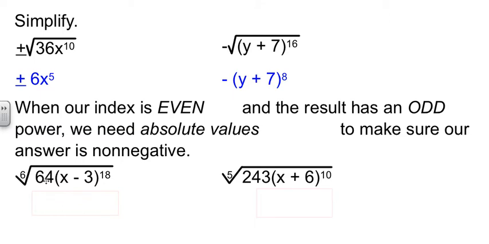Just raise your hand and I'll come and help you with that. Stuff to the 18th, 18 divided by 6 gives me stuff to the 3rd. Even index, odd powered result. I need absolute values to make sure it's not negative.